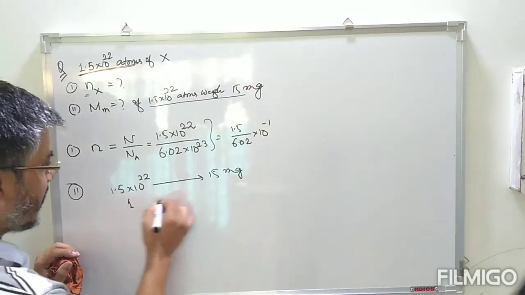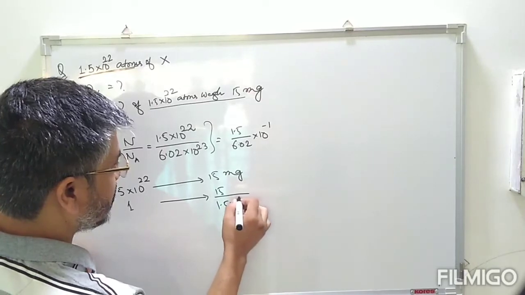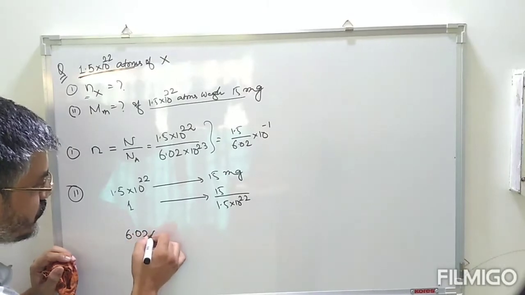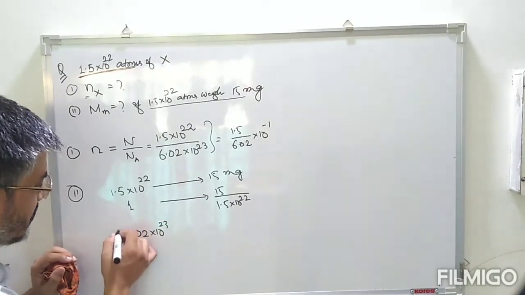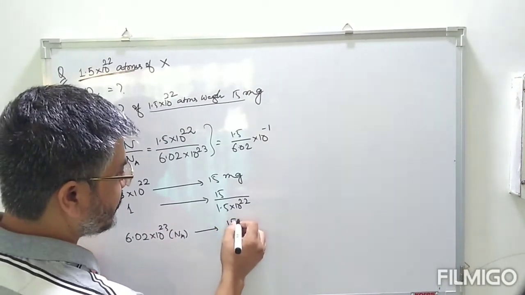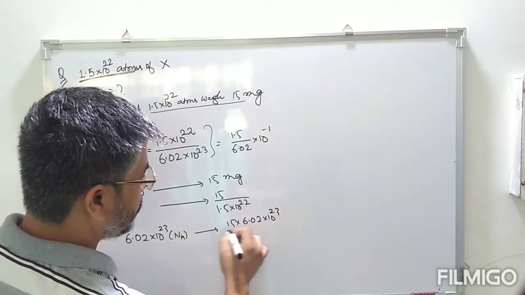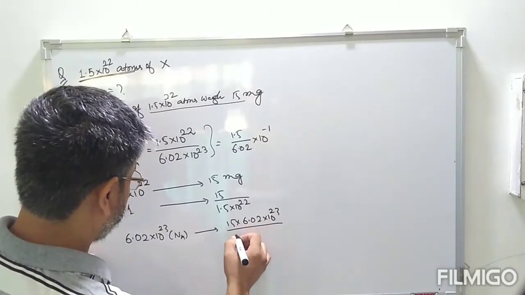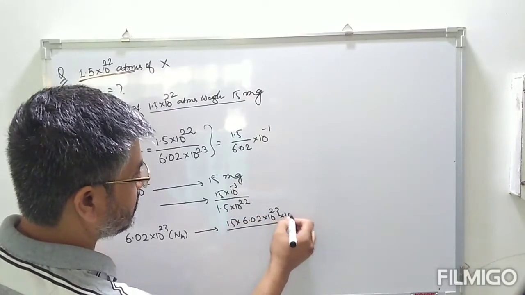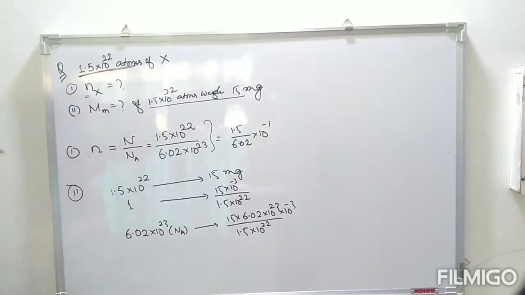Then one atom will weigh 15 divided by 1.5 into 10 to the power 22. Then one Avogadro number of atoms, 6.02 into 10 to the power 23, will weigh 15 into 6.02 into 10 to the power 23 divided by 1.5 into 10 to the power 22.